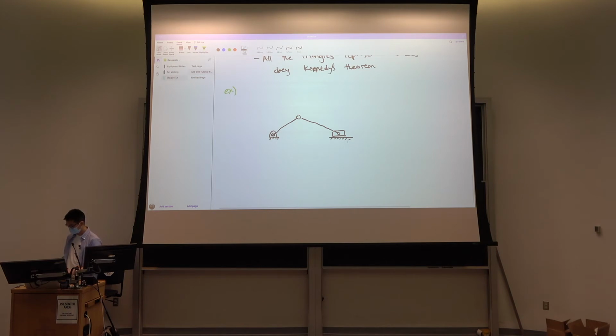Let's use it this time, but we'll use Kennedy's theorem and the auxiliary polygon instead. So we start by numbering the links, as always. Hope you're all masters at this by now. 1, 2, 3, 4. 4 links in this mechanism.